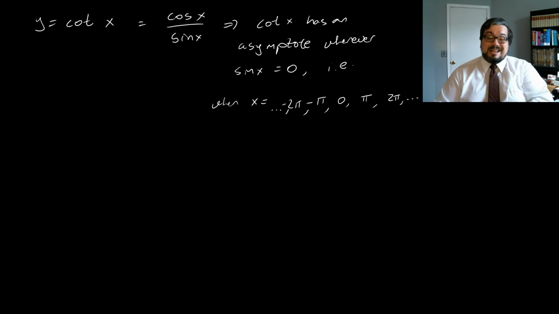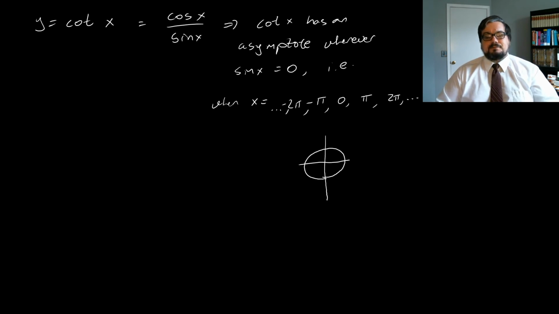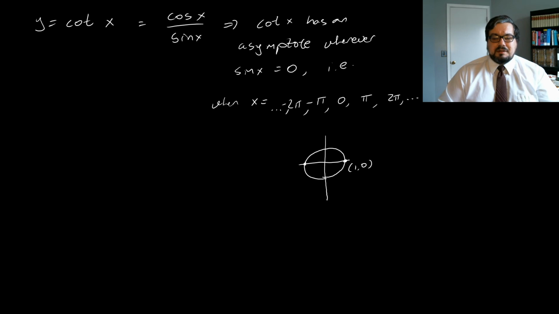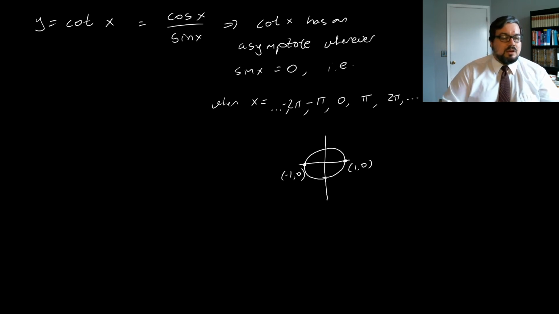So when x is a multiple of pi. And again, this comes from the unit circle, and the fact that the points corresponding to angles like 0, pi, 2 pi, etc., all have y values of 0, and sine comes from the y values.